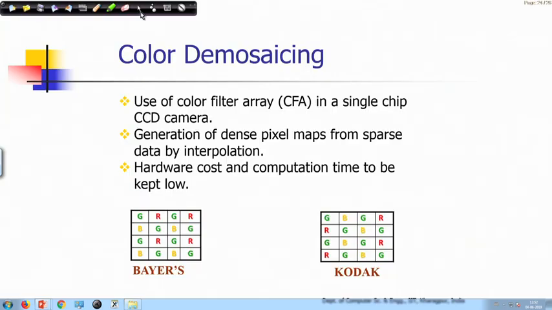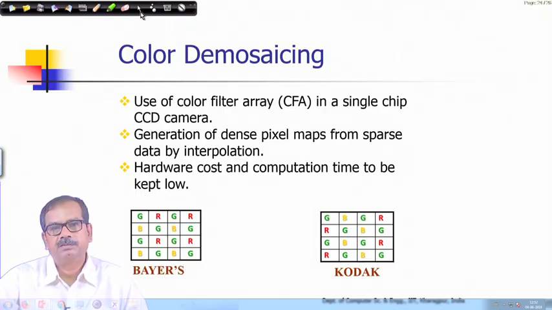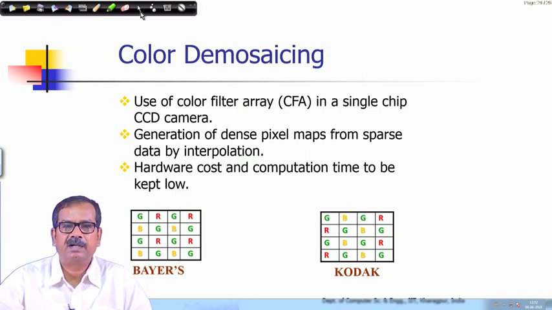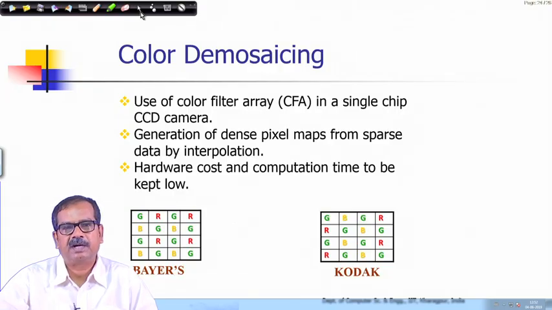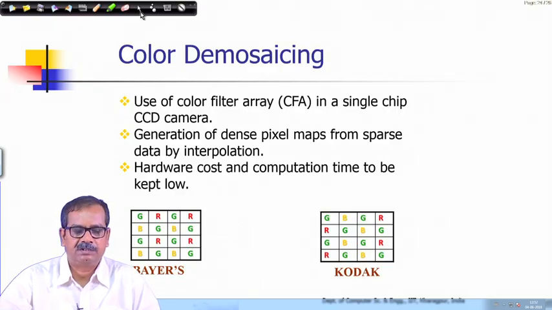So, here you can see that in this problem you are using the color filter array of a single chip CCD camera. From there you are generating dense pixel maps of all the color components. So, you have sparse data, as you have only one component at every point, but you would like to get all the color components for every point.